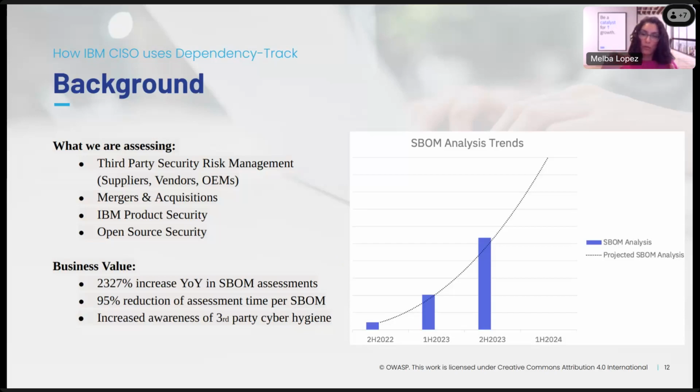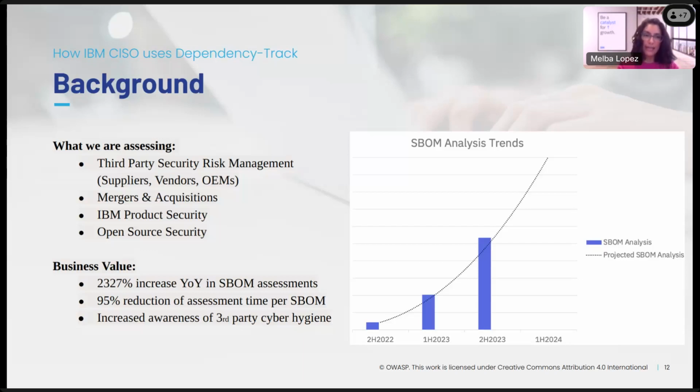The amount of growth that we've seen in the amount of SBOMs that we've had to analyze has increased by 2,327% year over year. That is an insane amount, and it's not scalable for a human to do. So because of that, we started adopting Dependency-Track early on in the first half of 2022, trying to understand how we can leverage it and do some sort of automation around it to help us with the assessments.